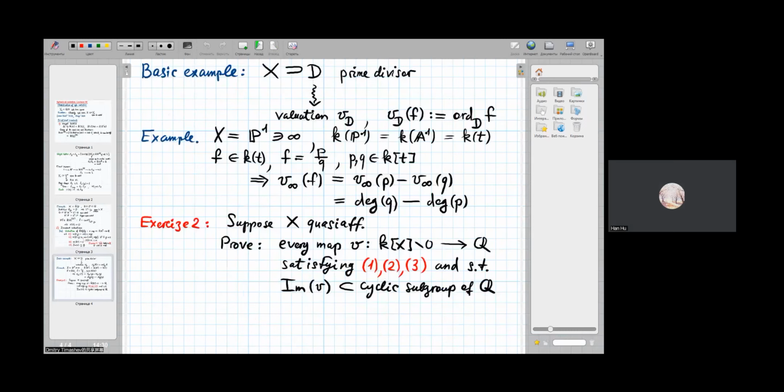So prove that every such map uniquely extends to an evaluation of the function field.